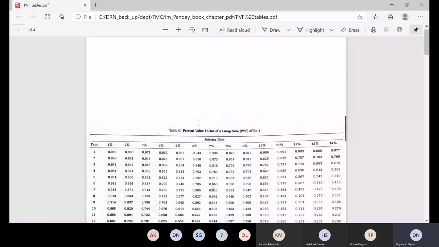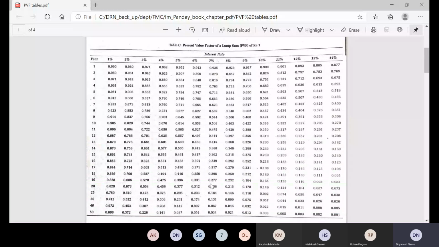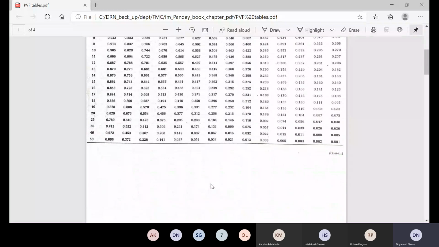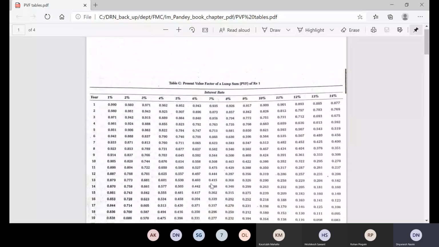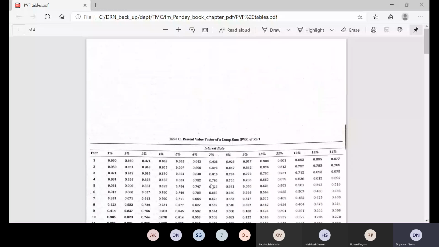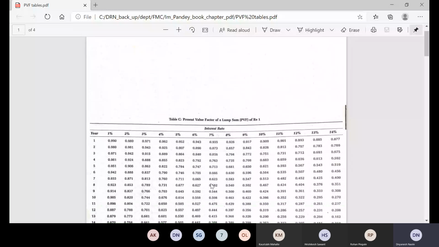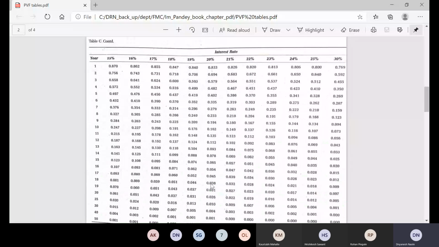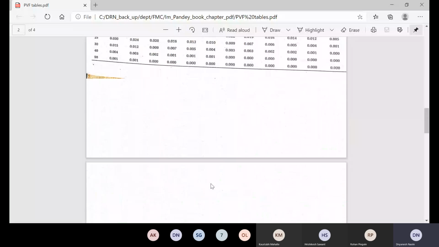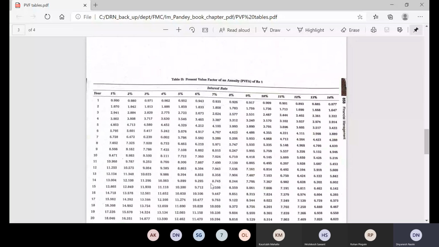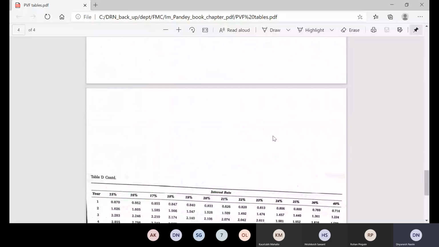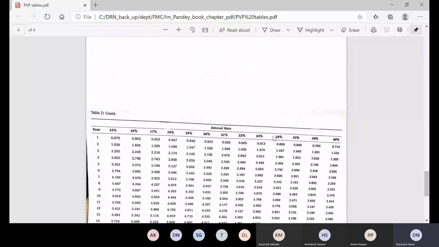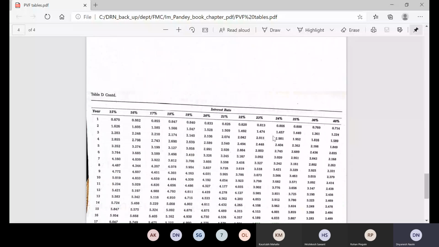I don't know, it is reducing actually. Where should we find it? Table interest rate increase जा रहा है. 1.12 तो दिख नहीं रहा.